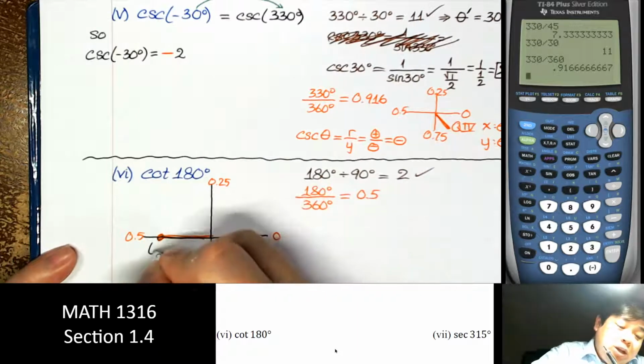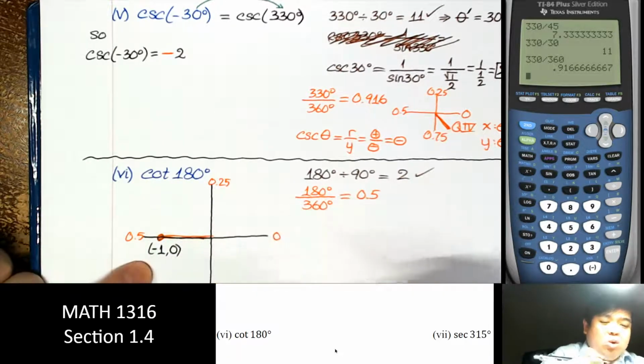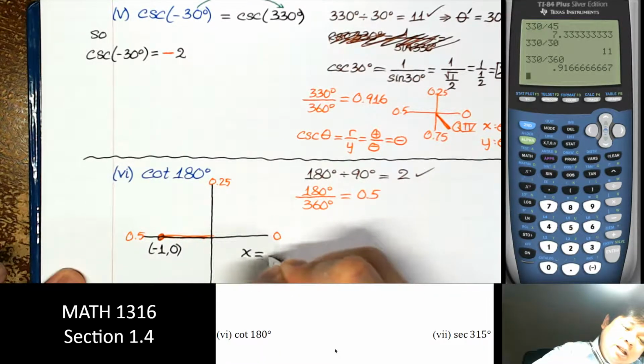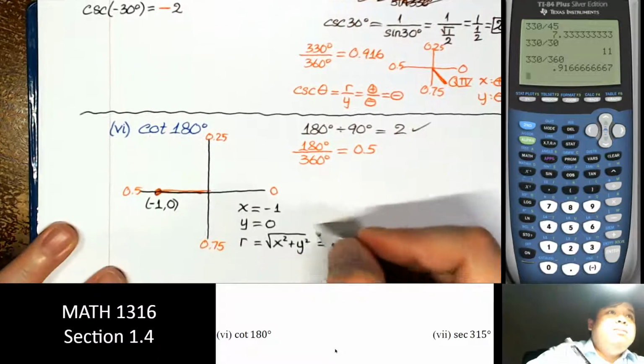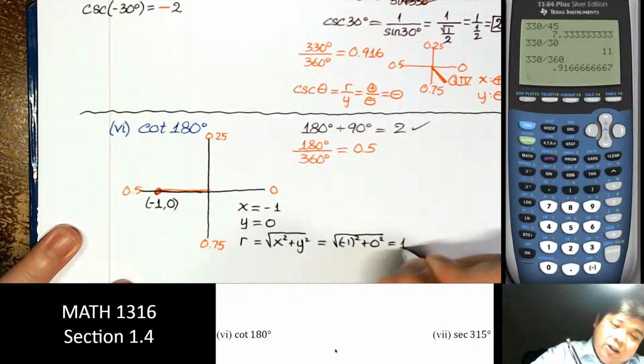For example, I can choose -1 for x and y equal to 0, because on the x-axis, y must be 0, where x I could choose pretty much anything. So we have x is -1, y is 0, and r, by the Pythagorean theorem, is the square root of x squared plus y squared. Sorry. -1 squared plus 0 squared, so it's 1.